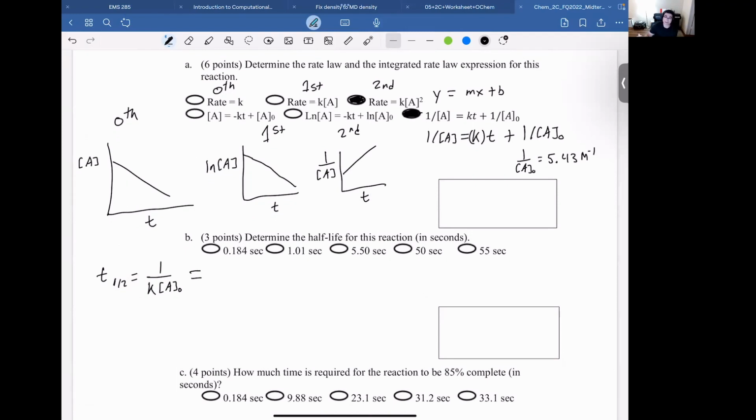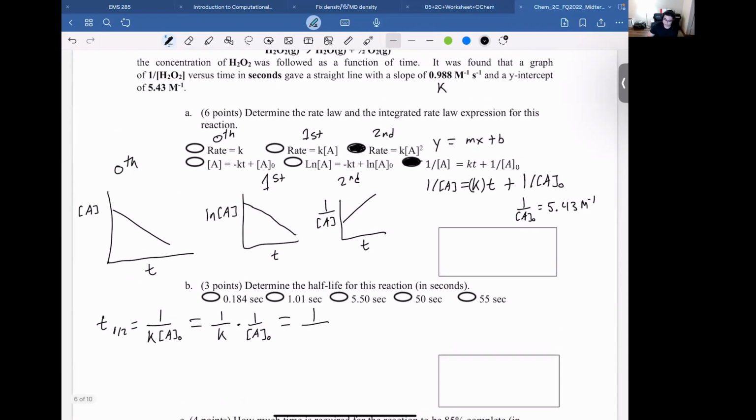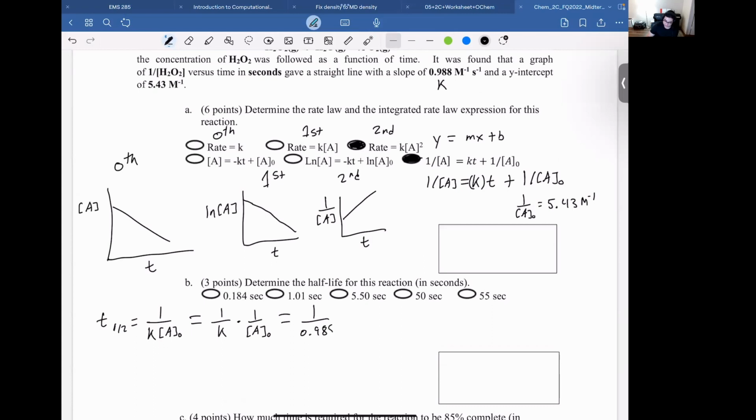Another way you can write this half-life, because now we have 1 over A naught and we don't have A naught, is 1 over k times 1 over A naught. And now this makes it pretty clear what you have to plug in. So 1 over k, k we said is 0.988. The y-intercept is 5.43.